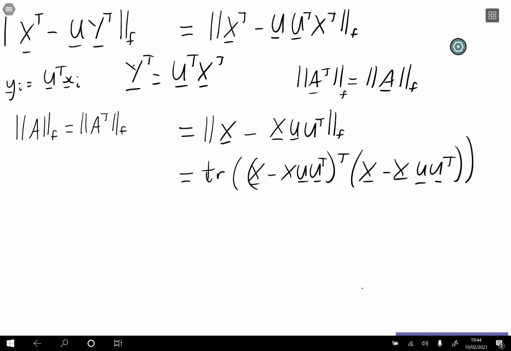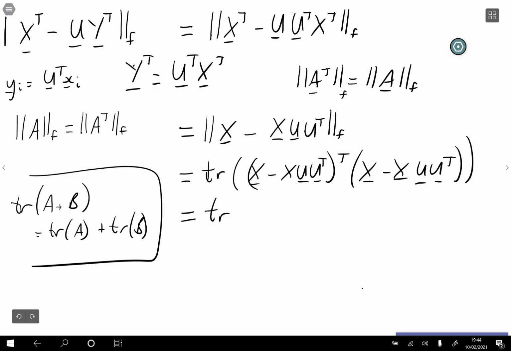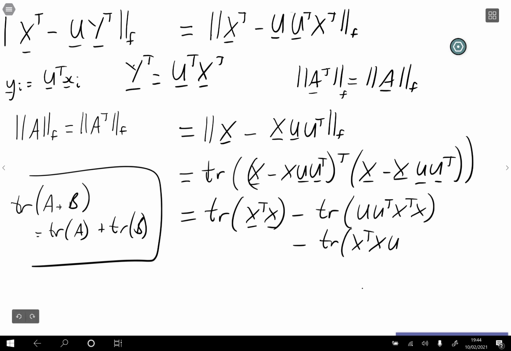So let's multiply out the brackets here, and let's remember that the trace of A plus B is the trace of A plus the trace of B. So we're going to get the trace here of X transposed X, minus the trace of, if we transpose this, U U transposed X transposed X, minus the trace of X transposed X U U transposed, plus the trace of U U transposed X transposed X U U transposed.